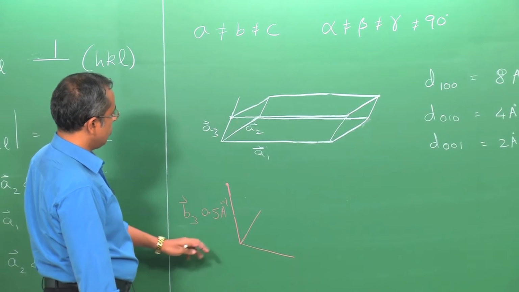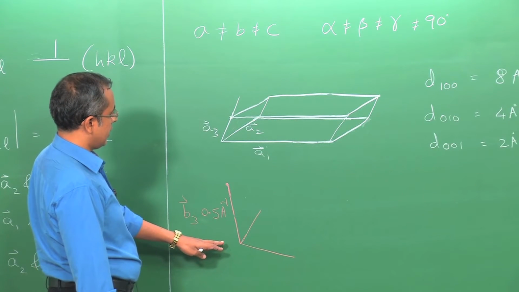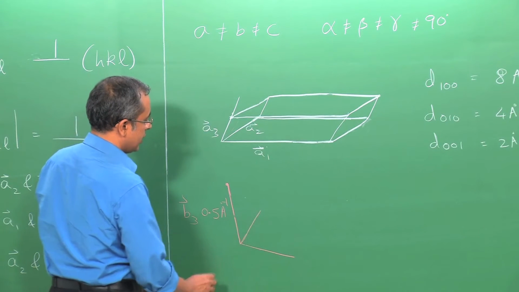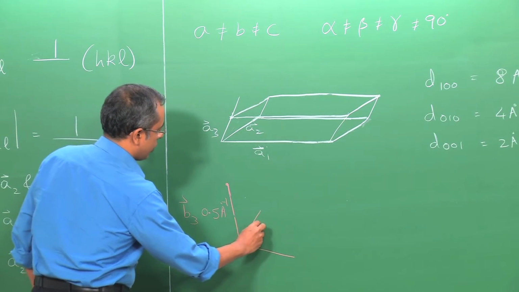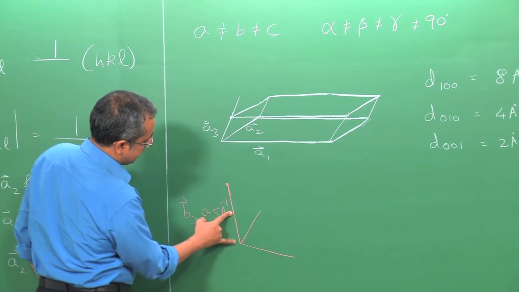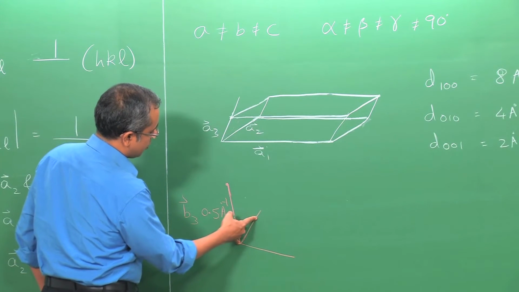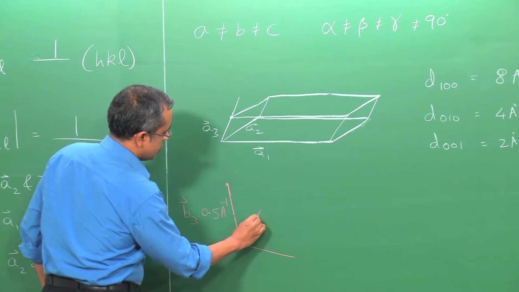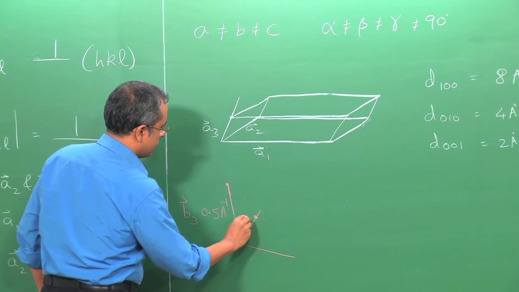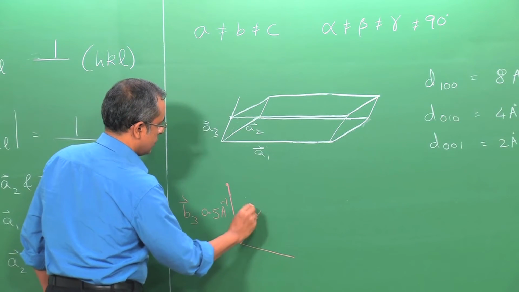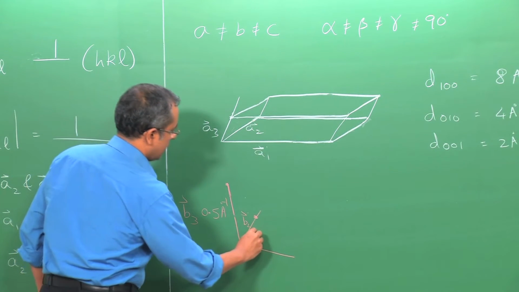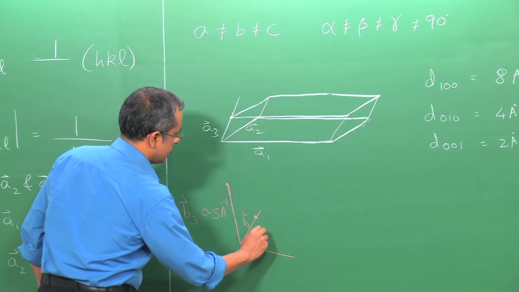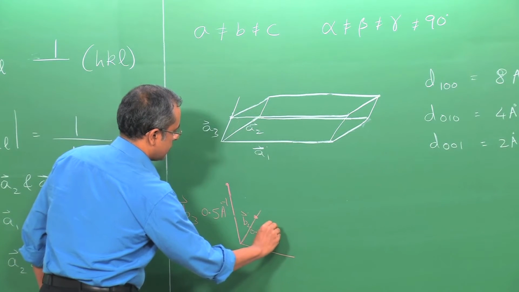And so B2 is now going to be in this direction here. So about half this magnitude is what we will put here. So that is B2. Okay. So that is 0.25 angstrom inverse.